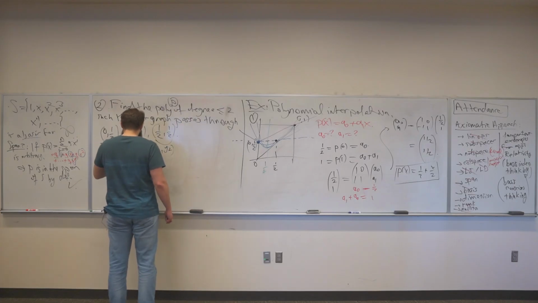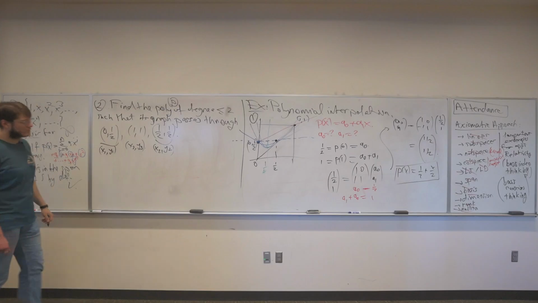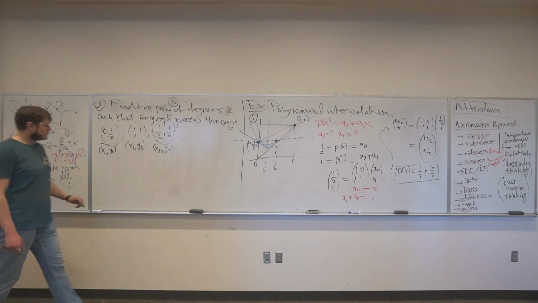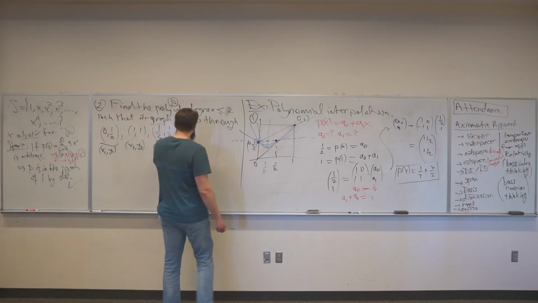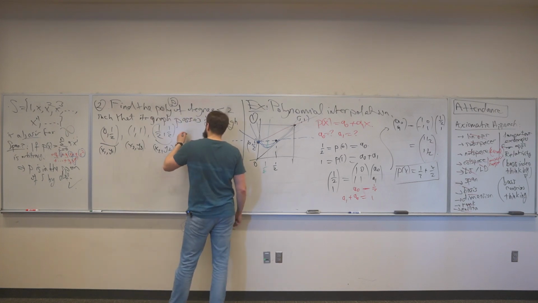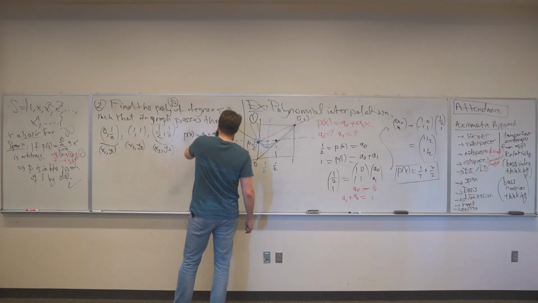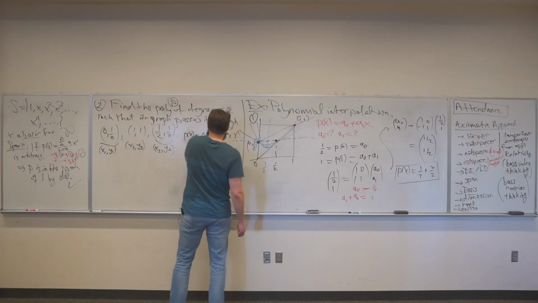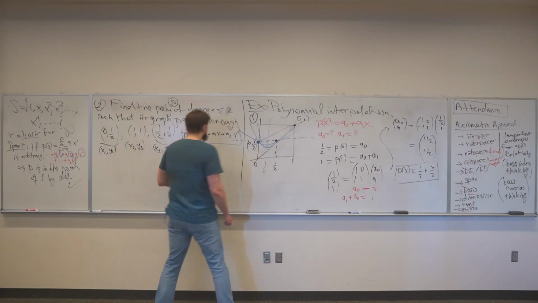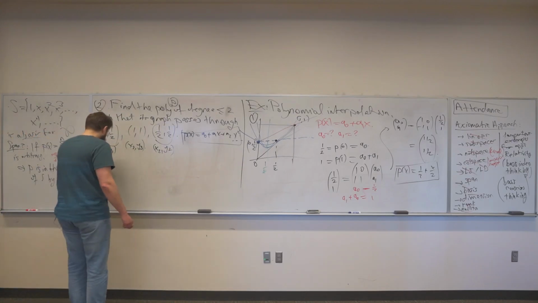And this is x3, y3. Now I'm looking for p of the form a0 plus a1x plus a2x squared, trying to solve for a0, a1, and a2. I plug these in, gives me this.